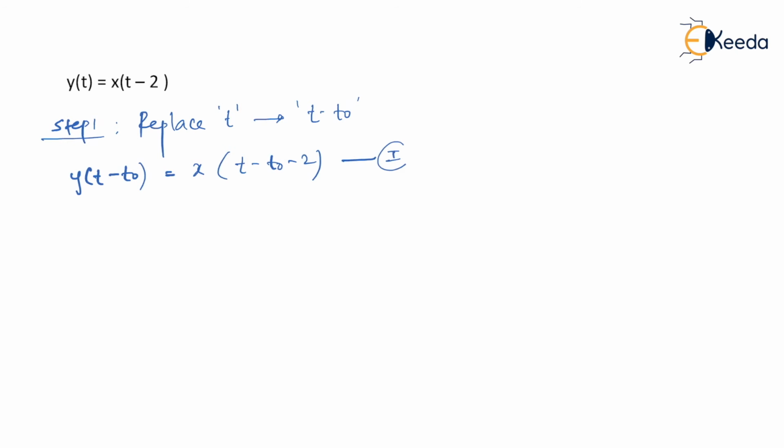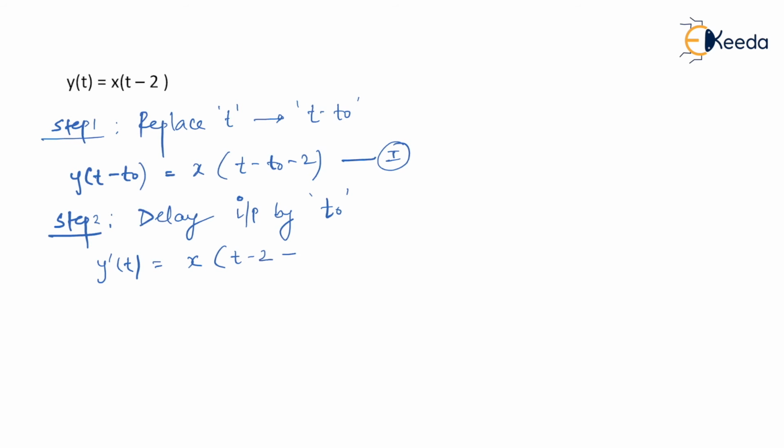So it becomes equation number 1. In step 2, we just delay input by t naught, right? Therefore it gives you y dash of t now.